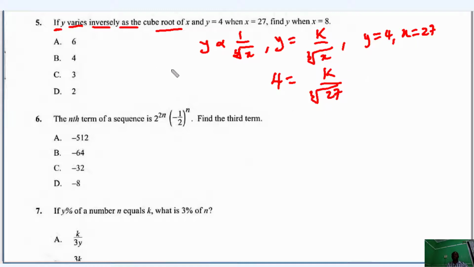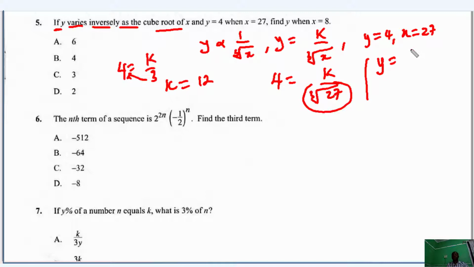And 4 will be equal to k over 3, because the cube root of 27, if you use a calculator, you get 3. If you do cross multiplication, k will be equal to 12. So you write the relation as y is equal to 12 over the cube root of x.